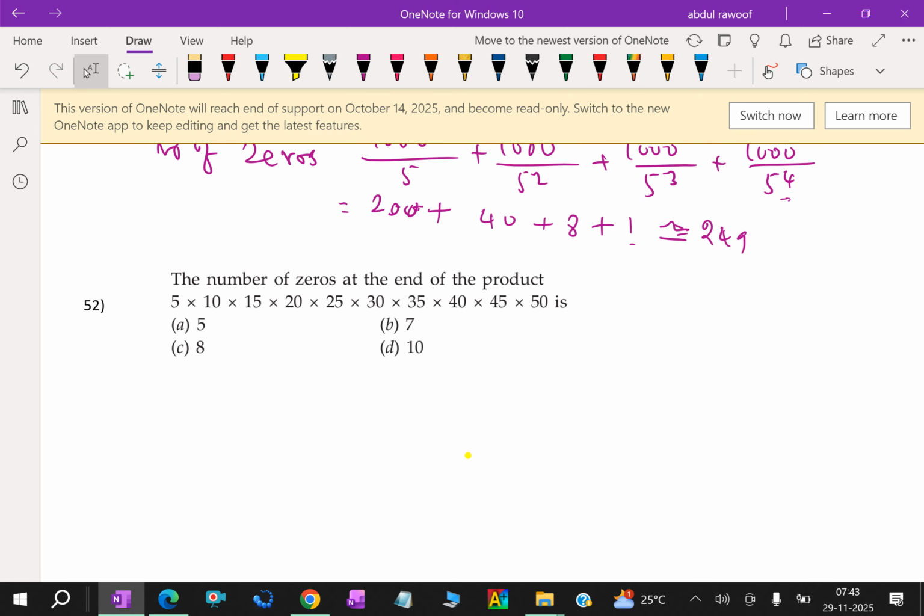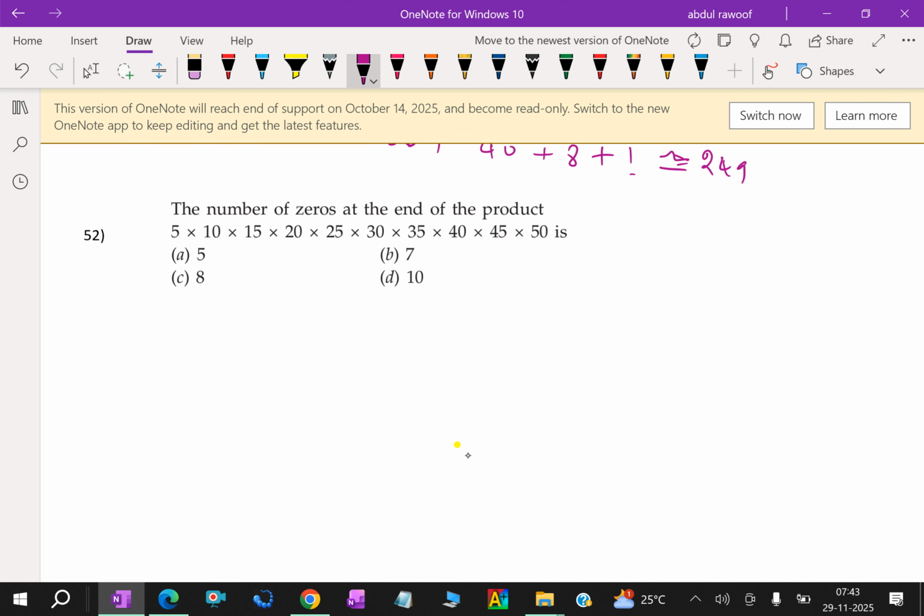The number of zeros at the end of the product of 5, 10, 15, 25, like up to 50 is? Look at here. N is 5 into 10 into 15 up to 50.